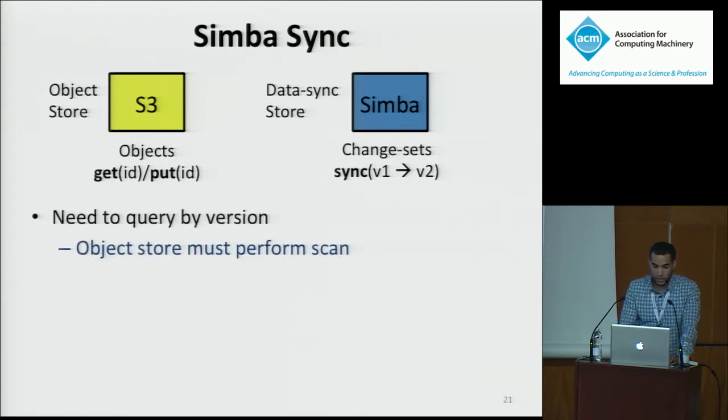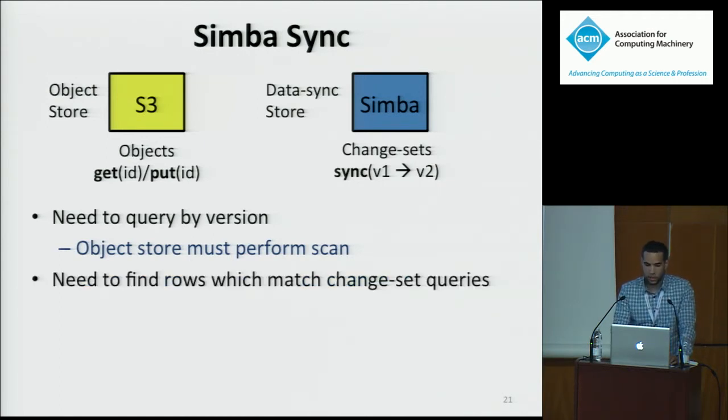As such, in Simba there's a need to query by version, and a standard object store cannot simply do this because it requires an expensive scan operation. There's also a need to find rows that match a change set query. This requires both mapping our versions to the row keys and constructing a change set.